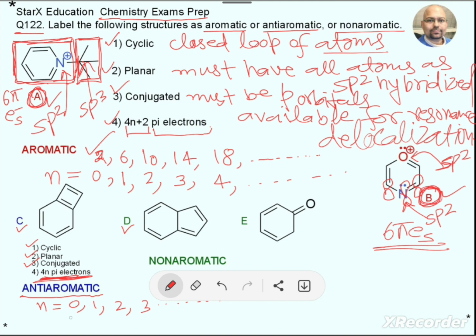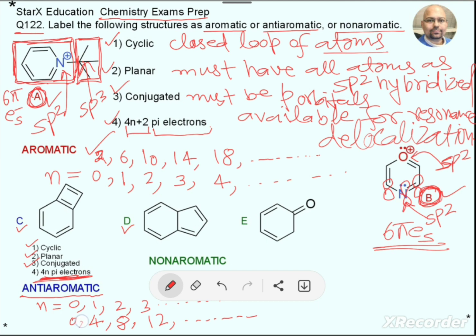So when n is 0, it gives us 0, and when n is 1 it gives us 4, and then it's just a multiple of 4. So when n is 2 it becomes 8 pi electrons. When n is 3 it becomes 12 pi electrons, and so on.